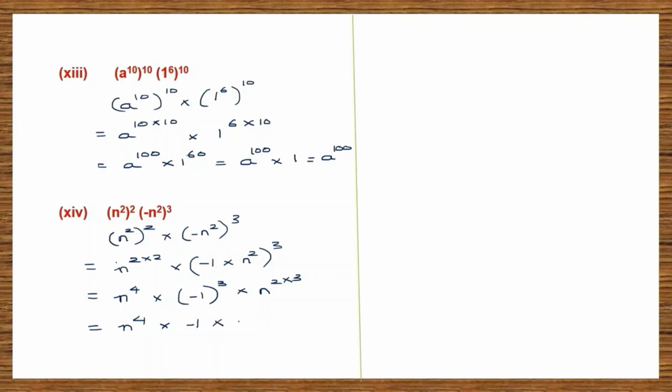And here n to the power of 2 into 3 is 2 3s are 6. Now let's multiply the n's. So this is n to the power of 4 plus 6, when you multiply, into minus 1. So this is n to the power of 10 into minus 1, which is minus n to the power of 10.